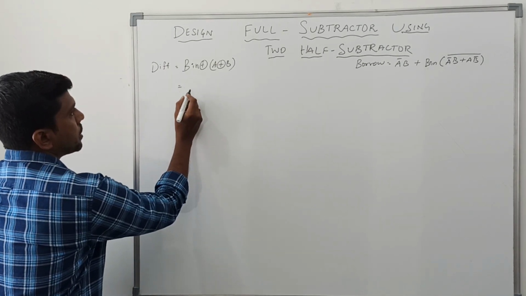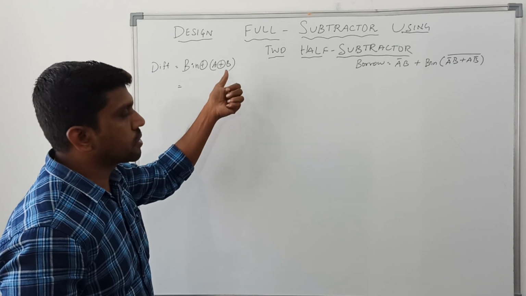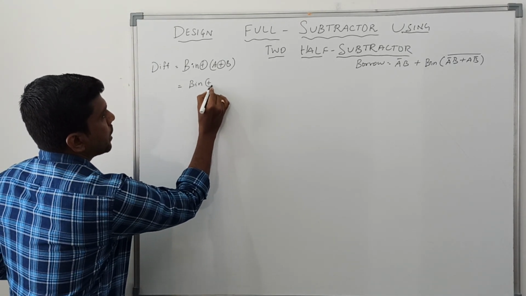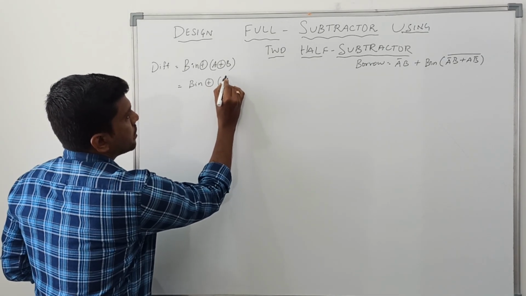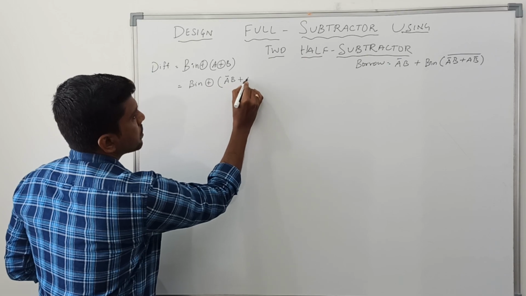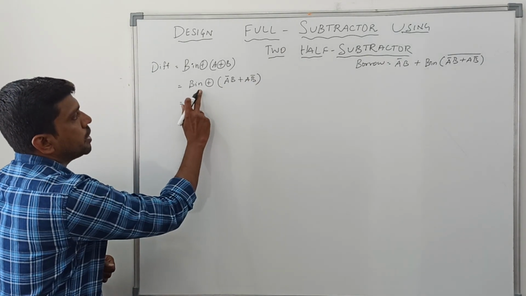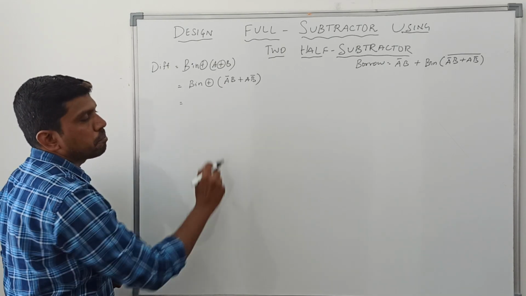So the difference expression is B in, where B in represents borrow in, XOR A XOR B. A XOR B you can rewrite like this: A bar B plus A B bar. Then B in XOR (A bar B plus A B bar).